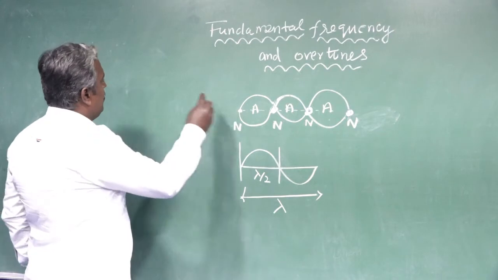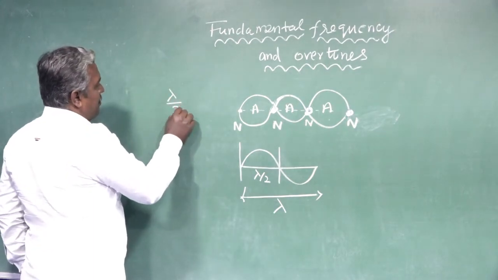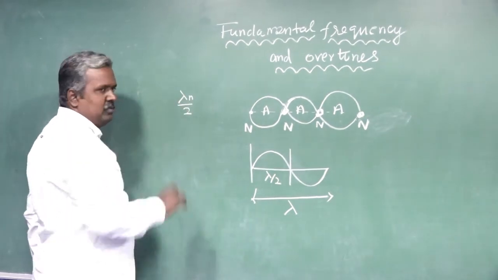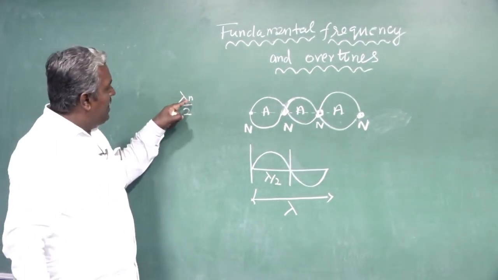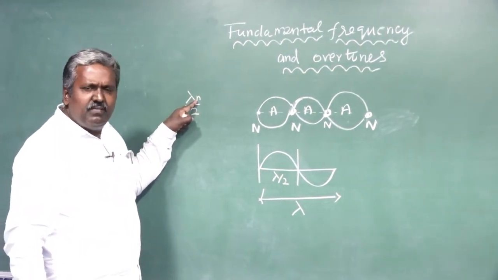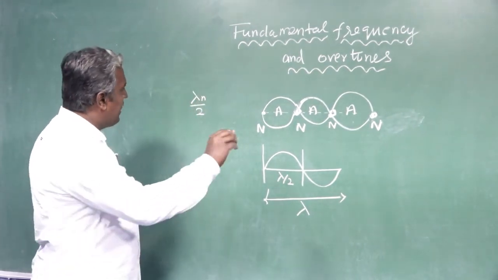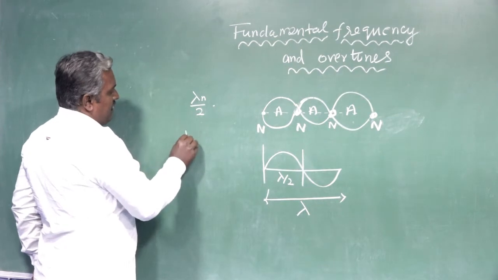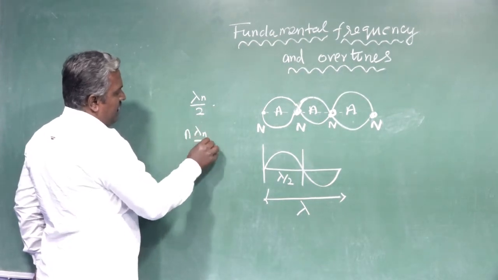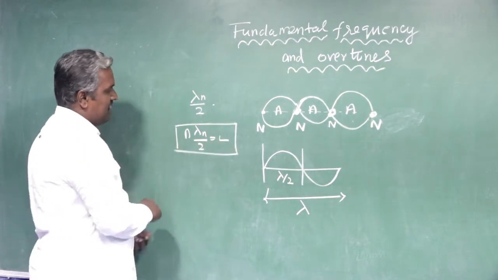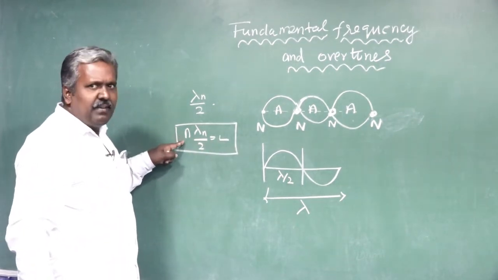So lambda by 2. In terms of n, lambda n by 2. Lambda n means here a specific wavelength. Or in terms of n, lambda n by 2 is equal to L. Here, what is meant by n?